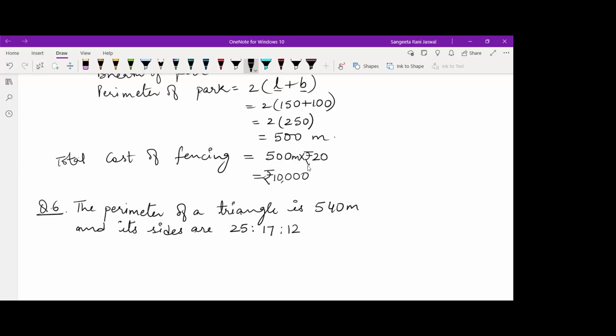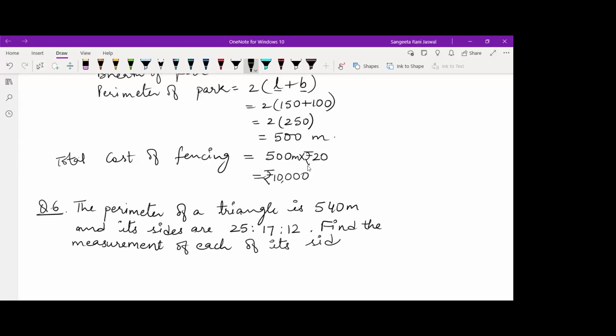Now see, the sides are given in ratios. 25 is to 17 is to 12. Find the measurement of each of its sides.